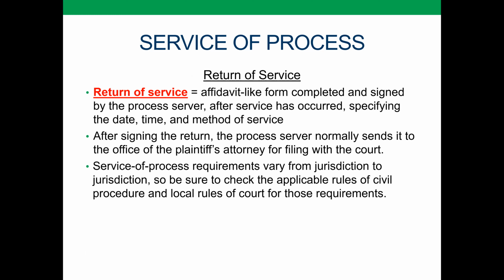Now, service of process requirements generally will vary from jurisdiction to jurisdiction, in terms of what are the proper methods, who can do the serving, and so forth. And so you'll want to be sure that you double check the requirements of the specific state, or if you're in federal court, the federal rules that govern this, to make sure you are complying.